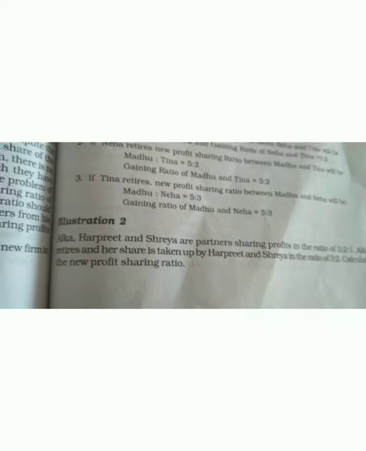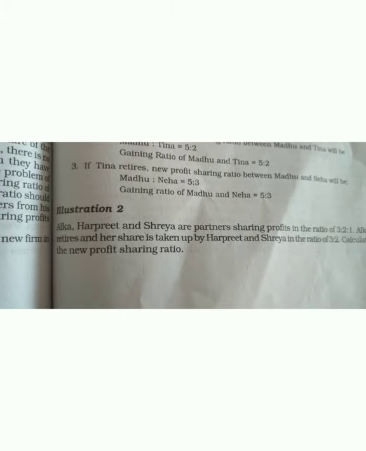Calculate the new profit sharing ratio. Alka, Harpreet and Shreya are the partners here, and the 3:2:1 ratio is the old profit sharing ratio. Alka retires from this partnership firm and her share is taken up by Harpreet and Shreya in the ratio of 3:2.